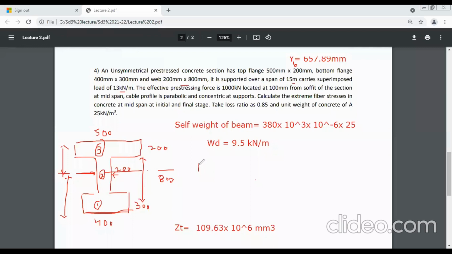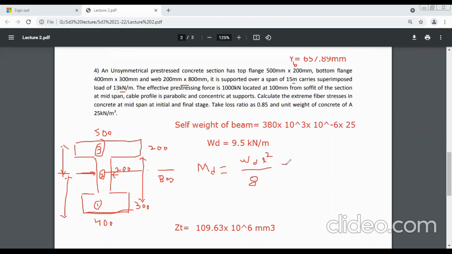So MD is equal to WD L square by 8. This is the formula for bending moment when a uniform load acts on the span, and it is simply supported.